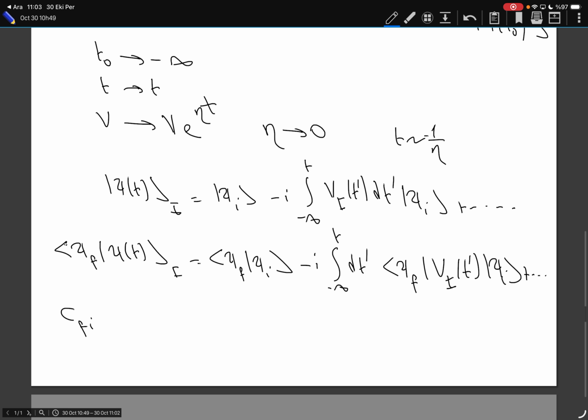This will be equal to my final state, with my initial state evolved over time, e to the power minus i H of t minus t0. This is what my probability will be.